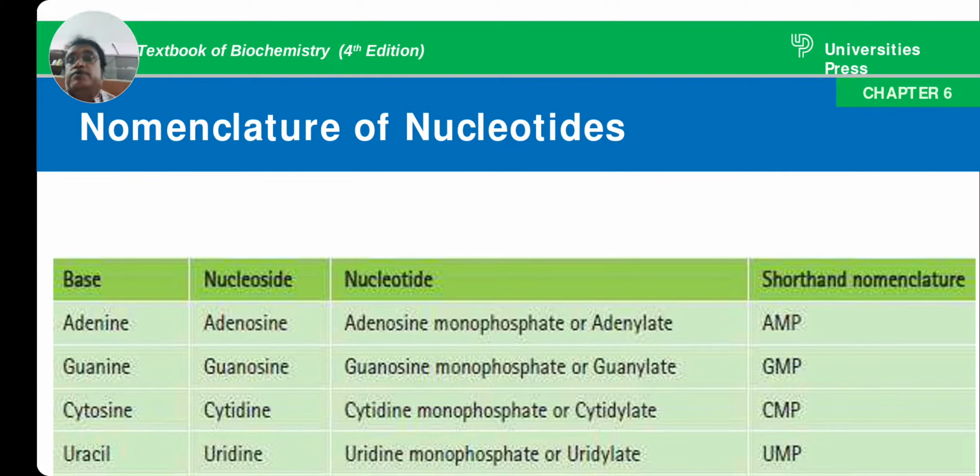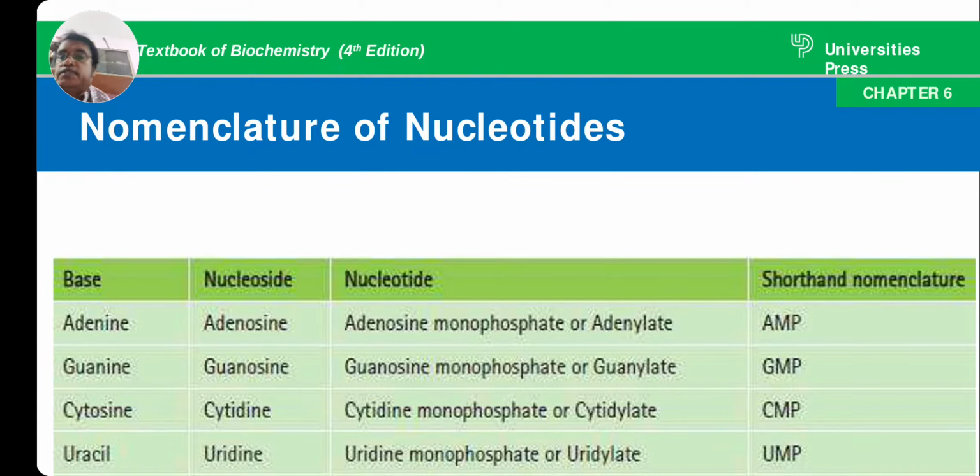Now, nomenclature of nucleotides. Before this, we must know something about minor bases found in nucleic acid, such as 5-methylcytosine, N4-acetylcytosine, N6-methyladenine, pseudouracil, etc. Other biologically important bases are hypoxanthine, xanthine, and uric acid.